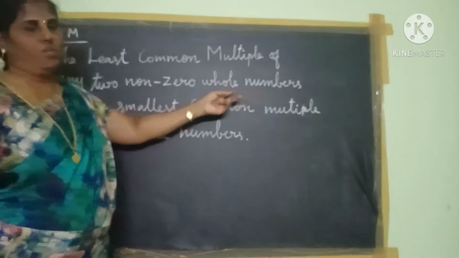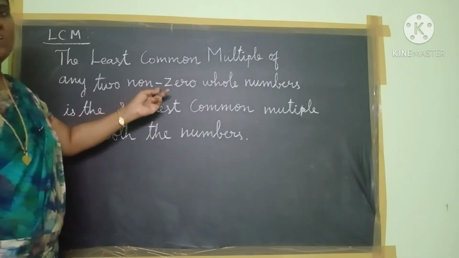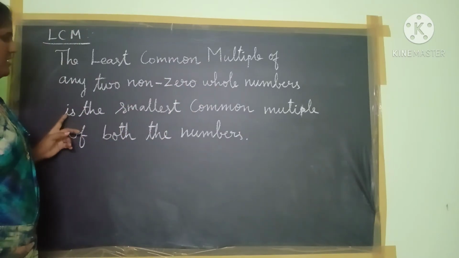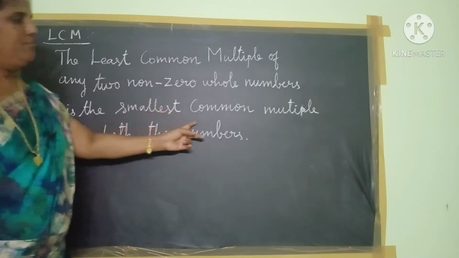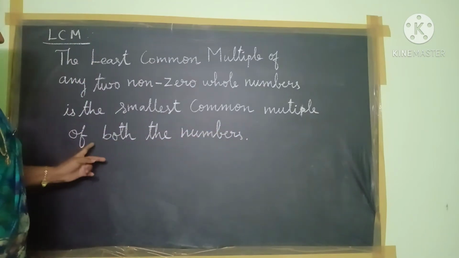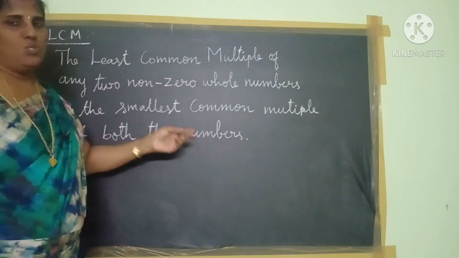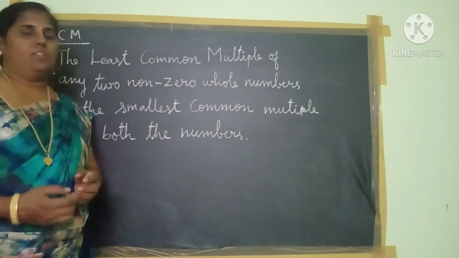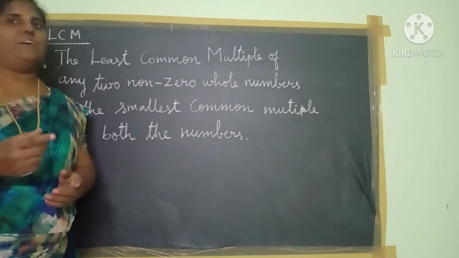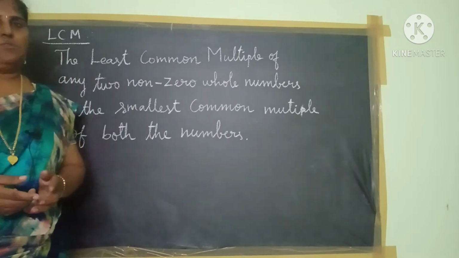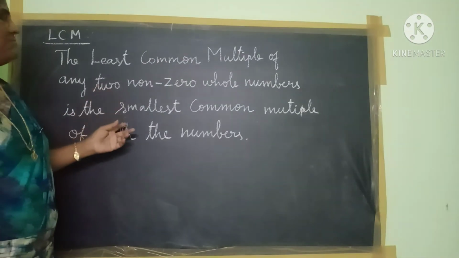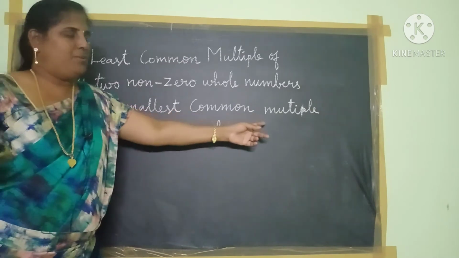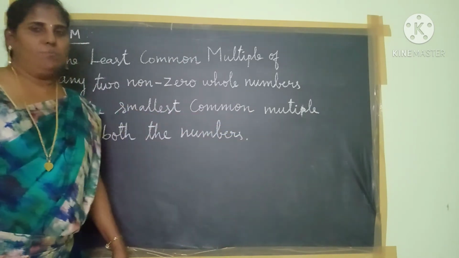Non-zero whole numbers are natural numbers, so not zero. It is the smallest common multiple of both the numbers. So in HCF, we find the highest common factor, but in LCM, we find the smallest common multiple. Multiple means table.